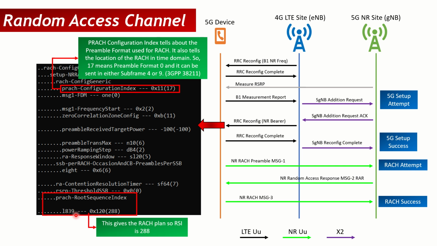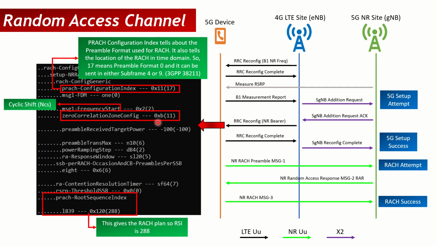Now the next thing it finds out is this one, the zero correlation zone config. This is 11. This is the cyclic shift. So the UE uses this information, root sequence number 288, length 839, and cyclic shift of 11 to generate preambles.